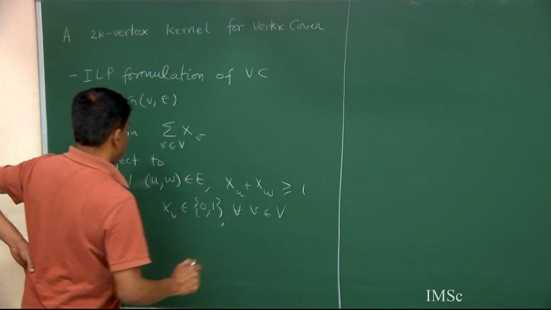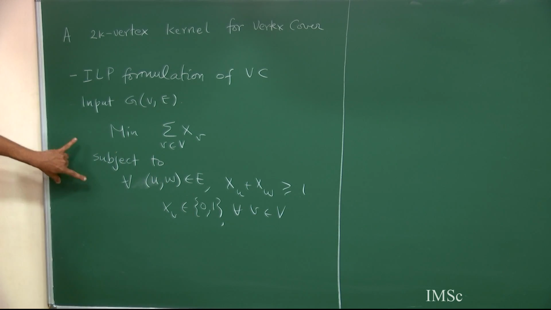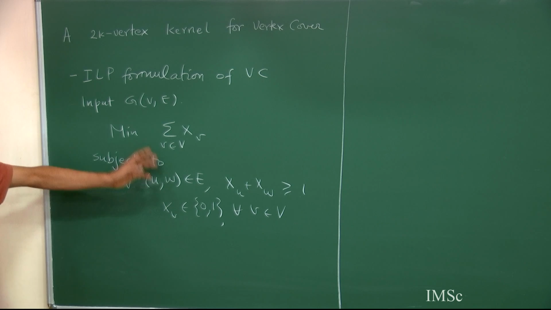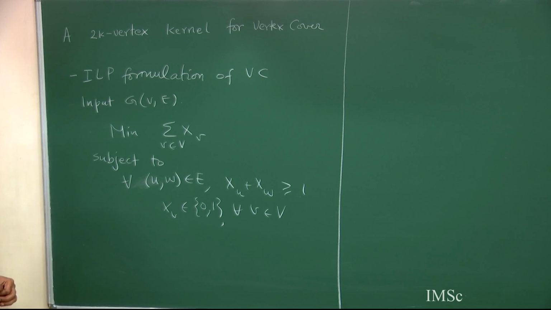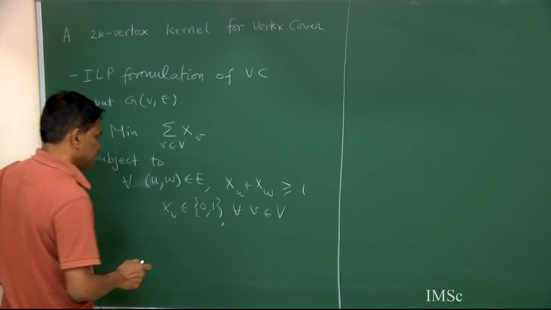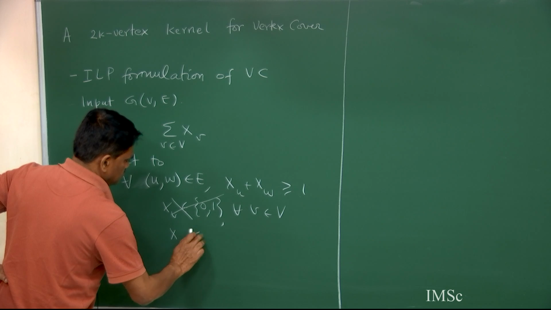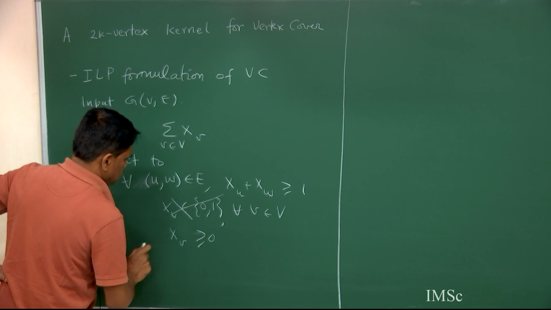Okay, so if you have only these two constraints, it's a linear program, a linear objective function with linear constraints. With this extra integrality constraint, it becomes an integer linear program. This is an NP-complete problem, so you can't solve it efficiently. So what are we going to do with it? Well, we will relax this constraint and write this.